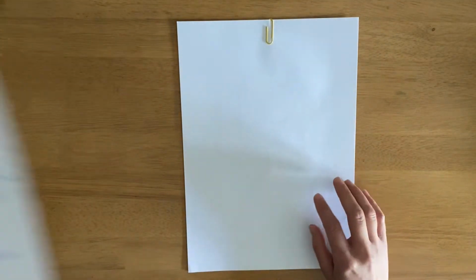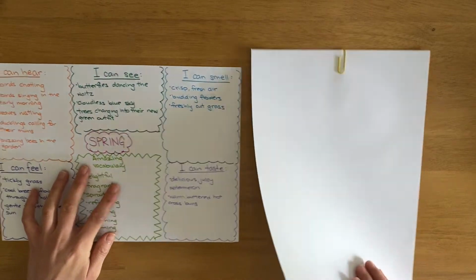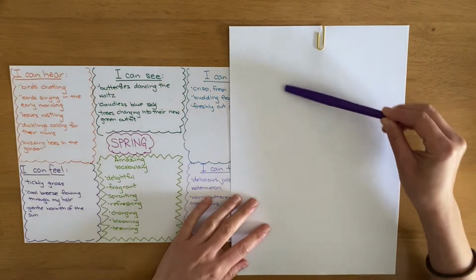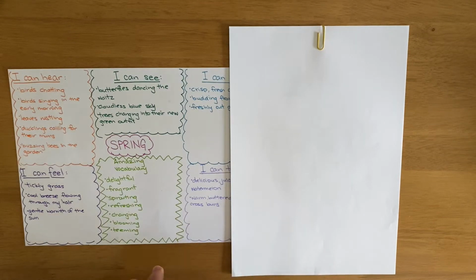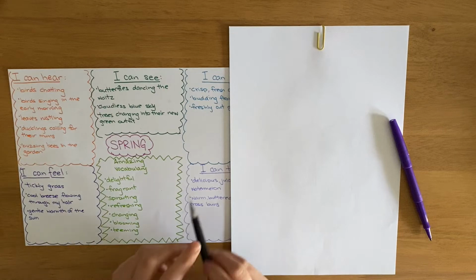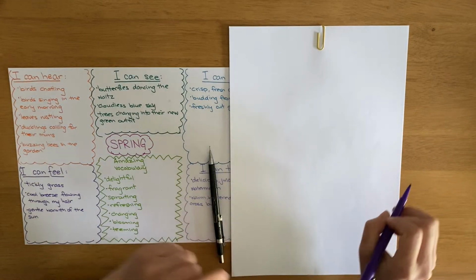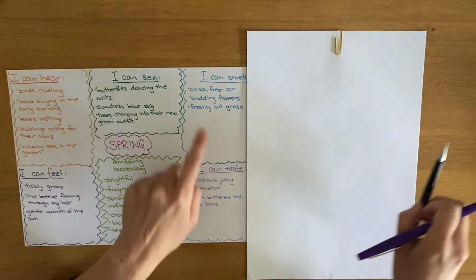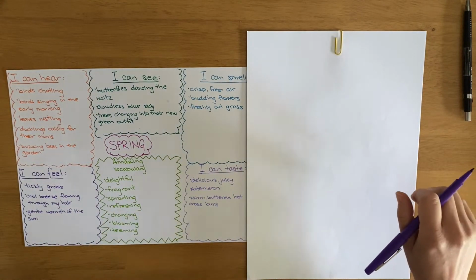Now I'm going to get our idea sheet out, and I'm going to use purple for the petals. I'm going to use a pencil to tick the things I've already used, so we don't have to go in order. I'm just going to bounce around because this is not a rhyming poem.